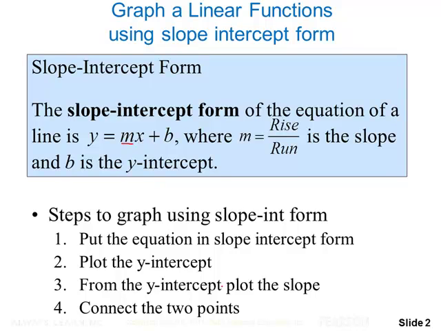From the y-intercept, we plot the slope. We simply take m, which is the numerical coefficient of x, convert it to a fraction, and from the y-intercept we'll plot the rise and the run. The last step is we'll connect the 2 points.